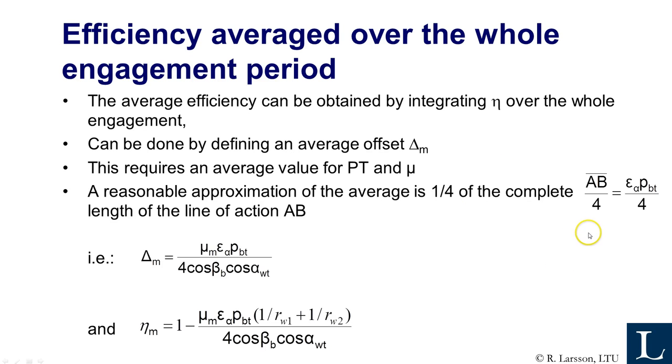That means that the PT is the distance AB divided by 4, and you can find that as a product of the contact ratio and the base pitch divided by 4. So putting that into the expressions, you get an average of the delta, that is this one, and you get an average efficiency expression that looks like this.